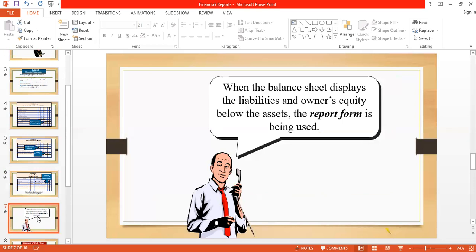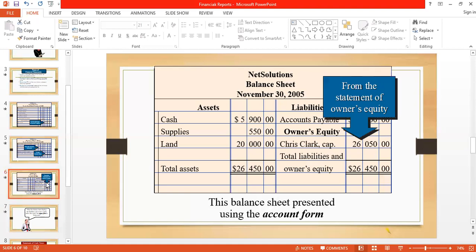When the balance sheet displays the liabilities and owner's equity below the assets, this type of format is called the report form. While here we can see that assets are recorded on the left-hand side and liabilities and owner's equity are recorded on the right-hand side. This type of format is called the account form of the business.